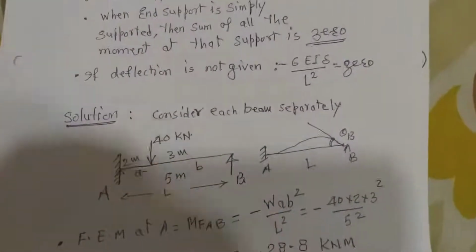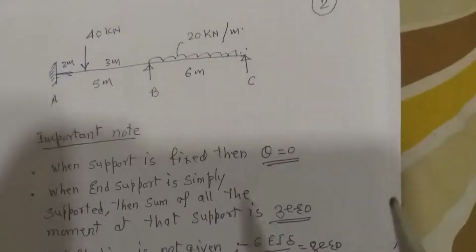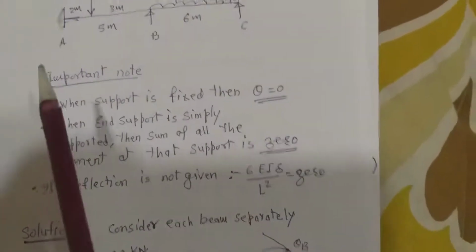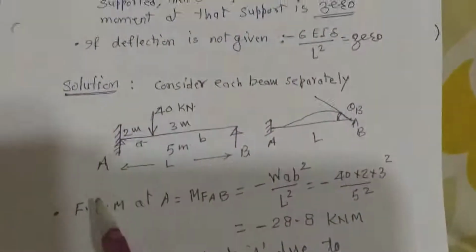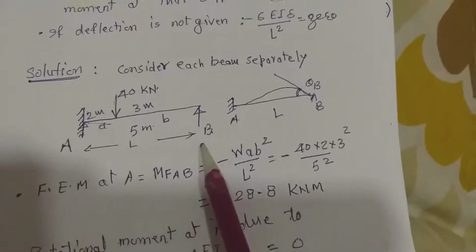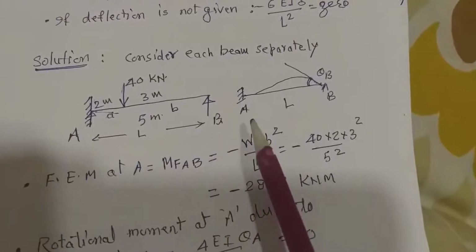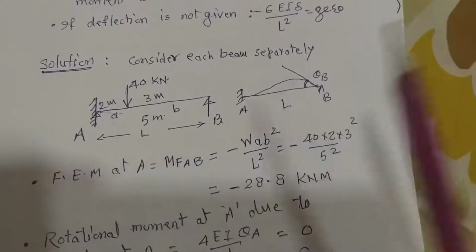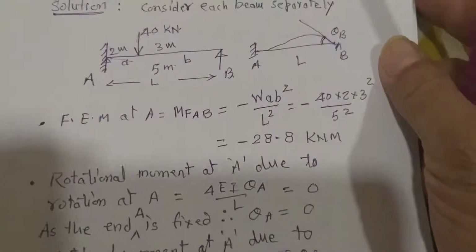Now, when we start with this continuous beam, we have to bifurcate each span separately. First of all, we talk about AB, and then we will talk about BC.